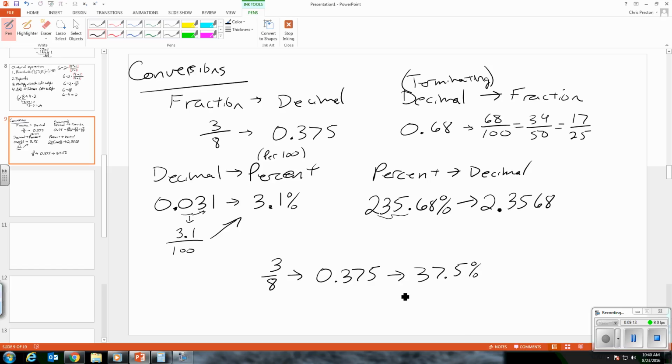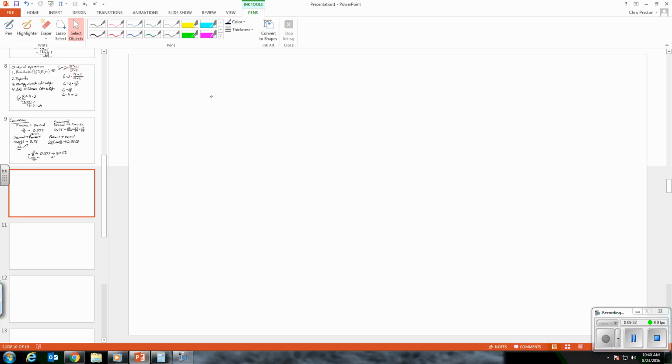And likewise, if I had that as a percent, I would turn it to a decimal, and then 375 over 1,000, which would reduce down to 3/8. So that's usually how you would do it: you turn it to a decimal, and then you bridge the gap. So that is just a real quick conversion thing.